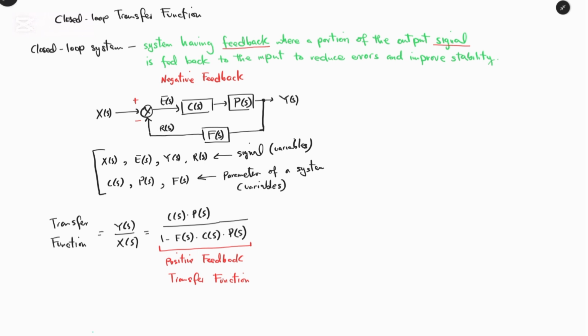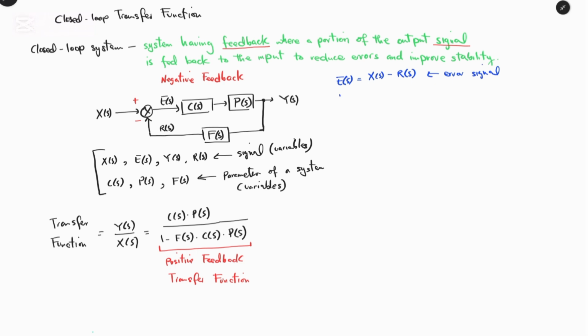So similar to what we have discussed earlier, now if we have the error signal E of S equals X of S, now we should have minus R of S, and this represents the error signal.